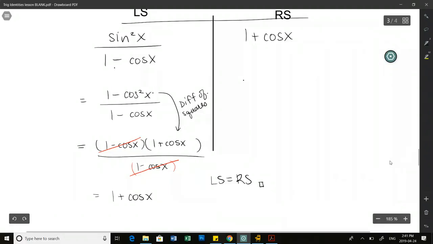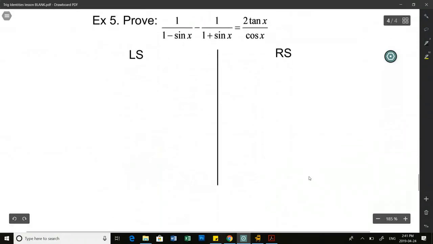Okay, one more example, and then you guys are going to do some practice yourselves. Okay, so we're going to start by just rewriting.